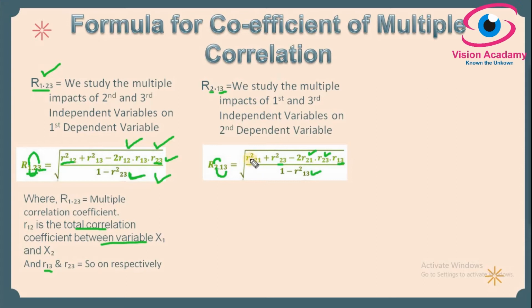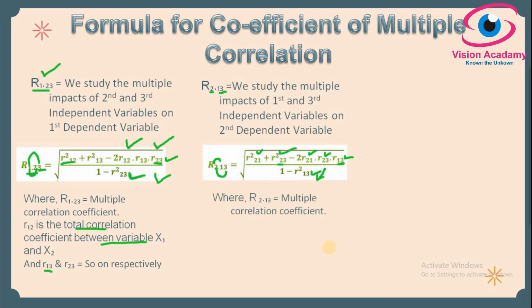Here R square 21 means one dependent variable and one independent variable, and R square 23 means the other remaining independent variable and the same dependent variable, and these two elements will be repeated here, 2 into R21 R23, and lastly R13, and the same thing is used in the denominator, R square 13. The only difference between R13 in the numerator and R square 13 in the denominator is that we have used a square in the denominator.